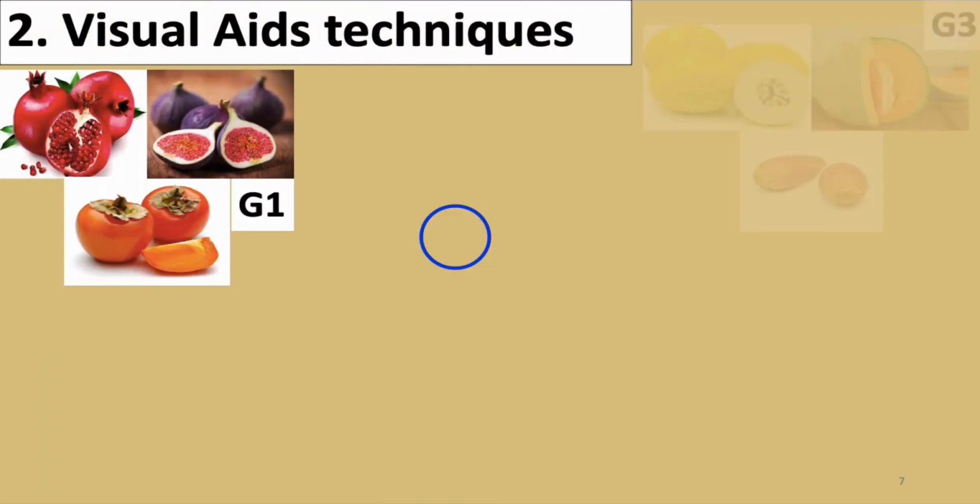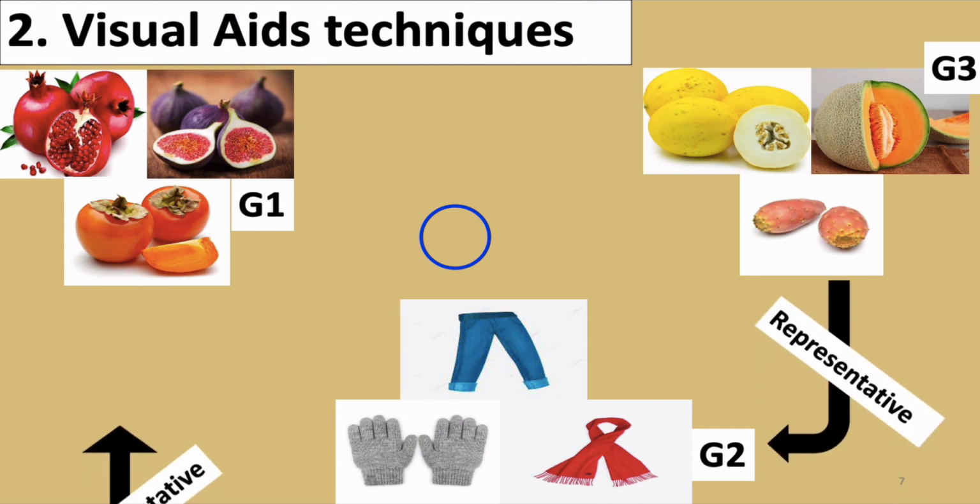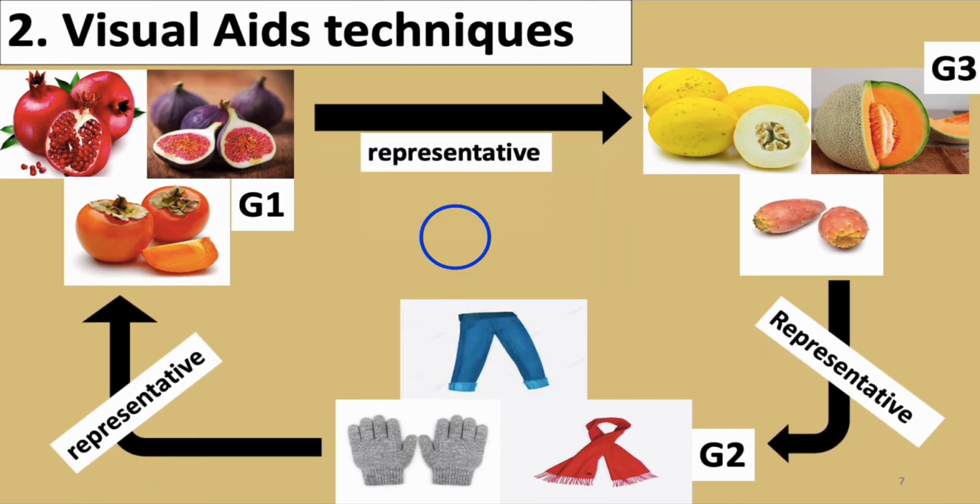Also, we can have a jigsaw activity. Here we have 3 groups. Every group has a set of pictures. For example, group 1 has pomegranate, fig, and persimmon. Every group will teach the other.